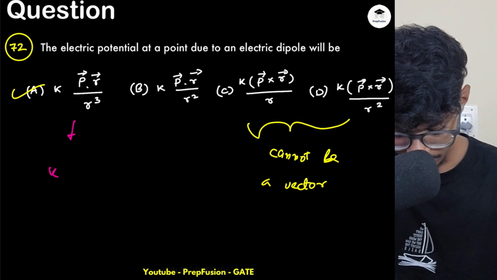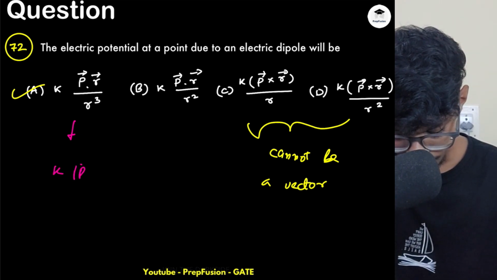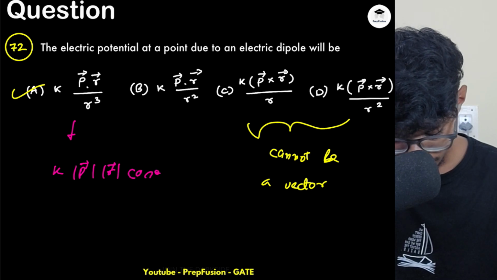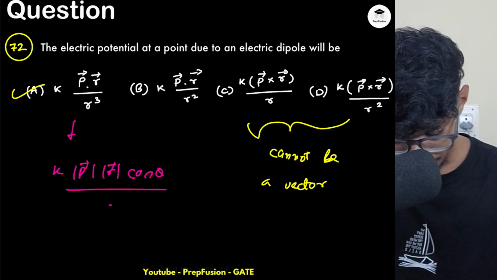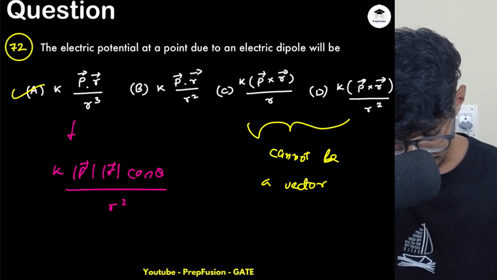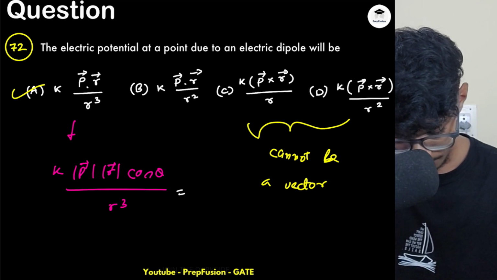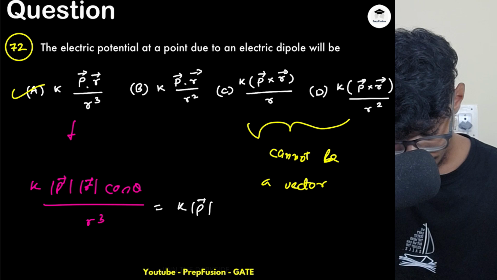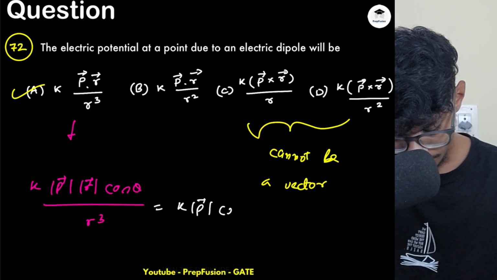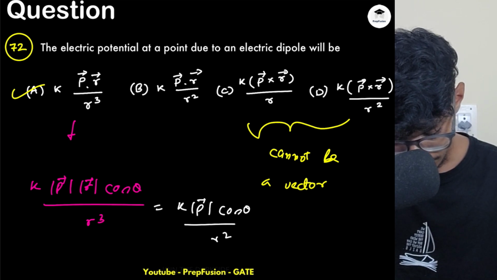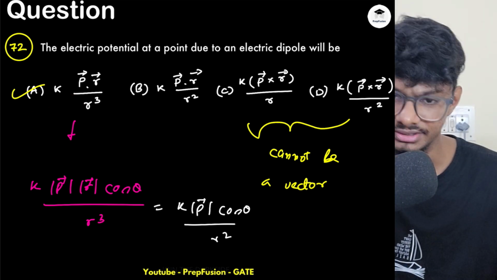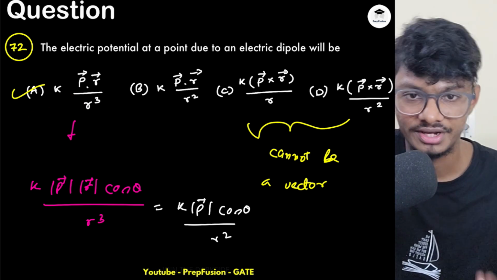Just derive this: K into magnitude of P into magnitude of r, that is simply r into cos theta by r cube. So r gets cancelled, and this will become magnitude of P cos theta by r square. So this is also another format that you can keep in mind for potential due to a dipole.